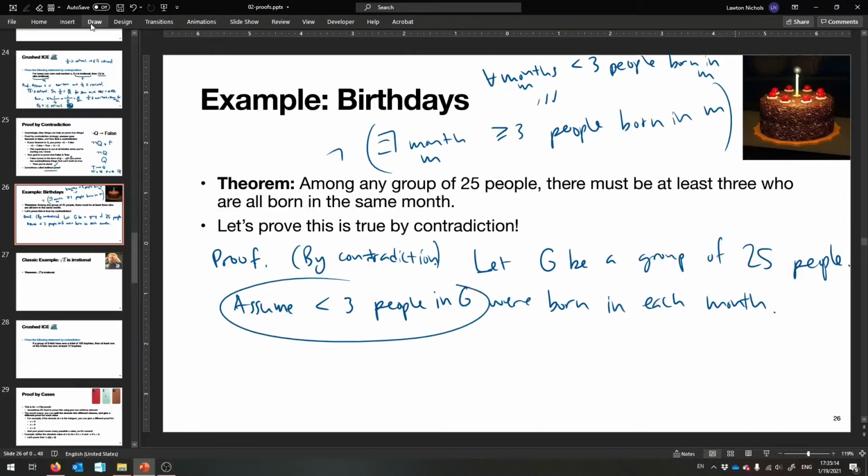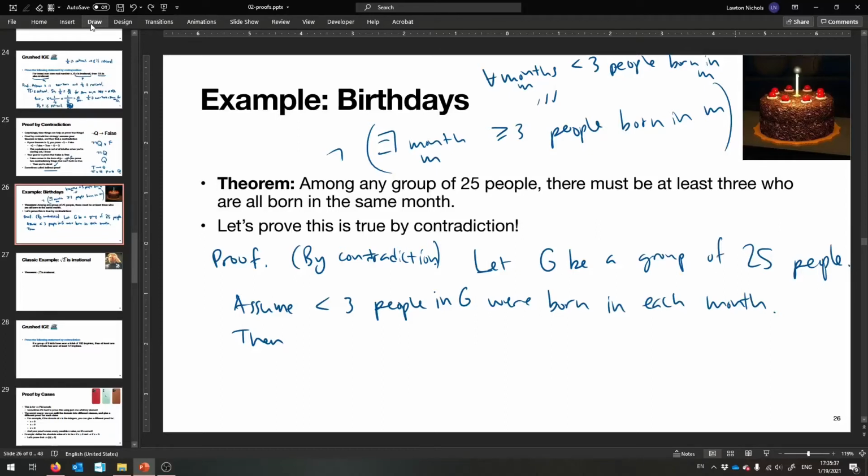So, okay, from here, what do we know? Think about this for a second. It's an interesting fact. If less than 3 people in G were born in each month, and we're assuming that because we're assuming this entire theorem was false, well, less than 3 is less than or equal to 2. So there are at most 2 people in every month.